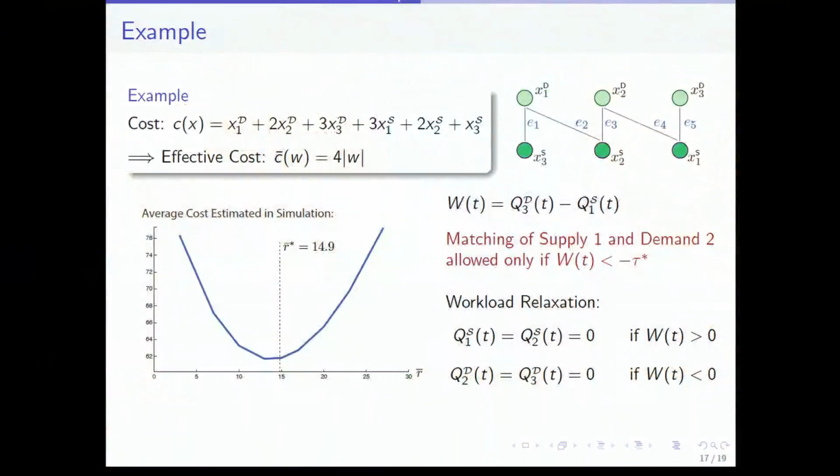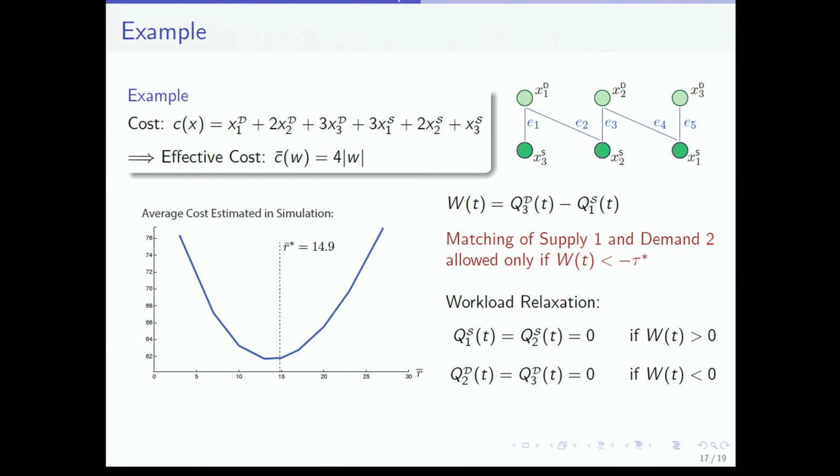Okay, so here is one example of a simple NN model, and we considered here that the workload vector corresponds to this node. So the workload relaxation tracks the difference of what is here and what can get matched to them.